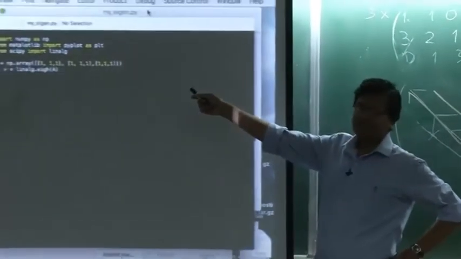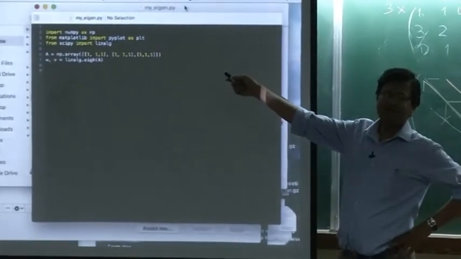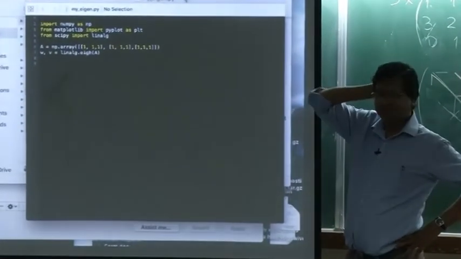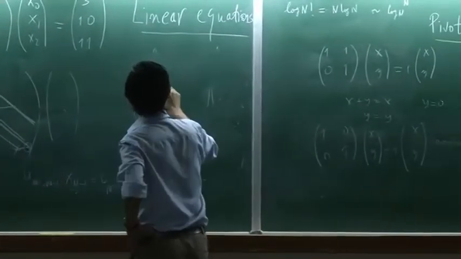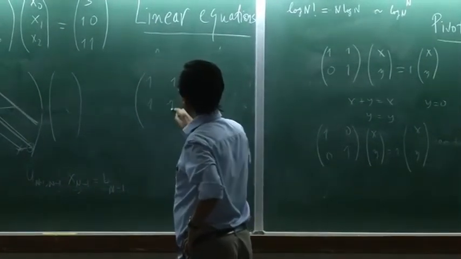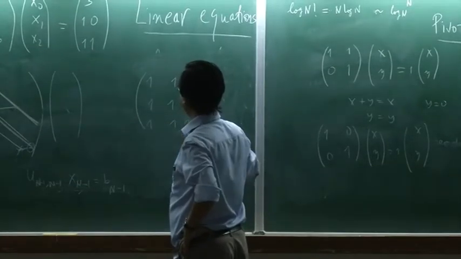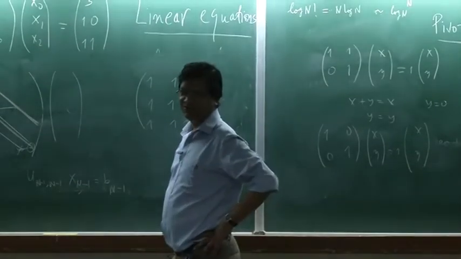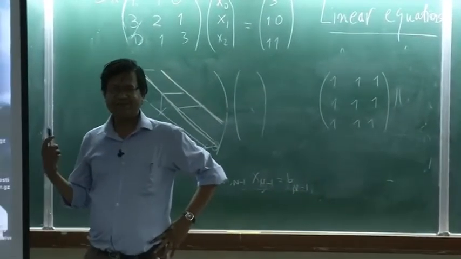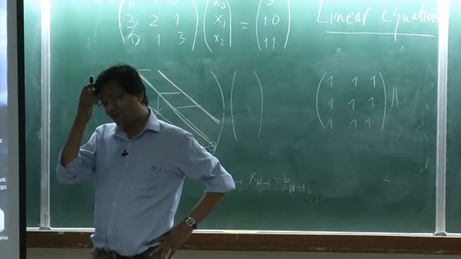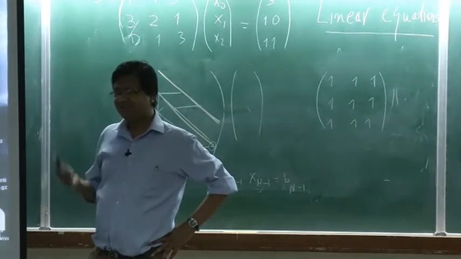Okay, this matrix, what is the determinant of this matrix? Now this is your math, this is not computation. It is 0. So it will have 3 eigenvalues and 3 eigenvectors, this is a counter example. So what are the eigenvalues?